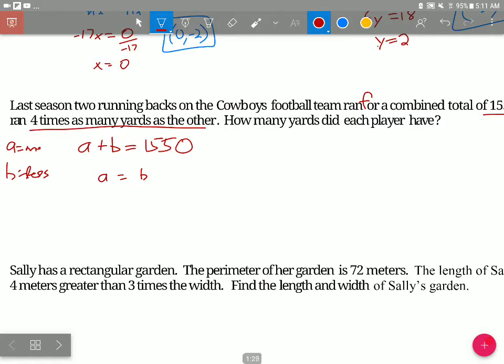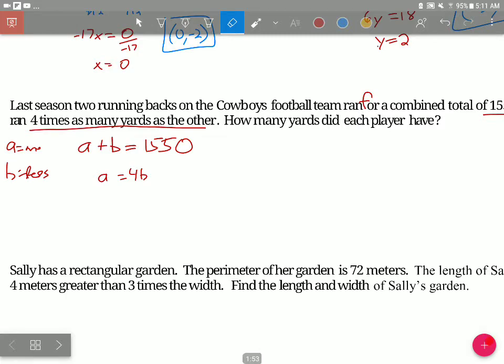If A has more, to make them even, I'm going to multiply B times 4. I have to multiply it by 4 in order to make them equal. You might think multiply the A, but whatever one's smaller, that's the one I need to multiply in this case. So always think about it for a second.